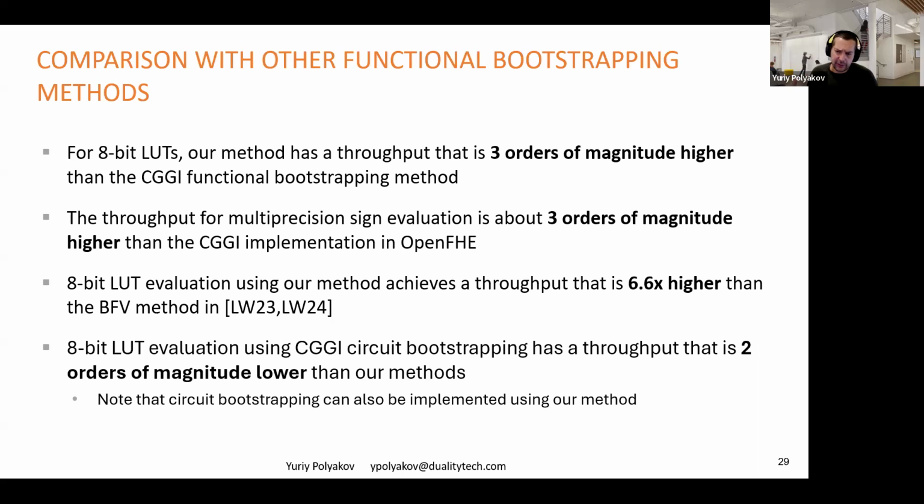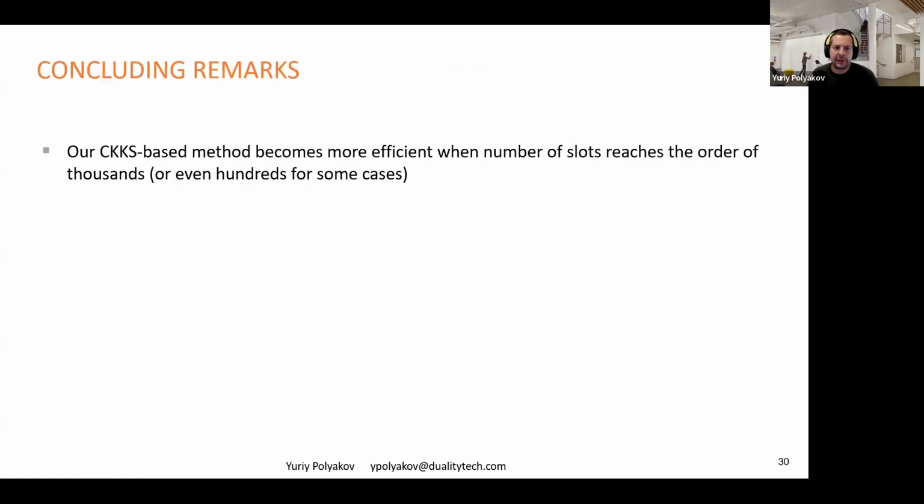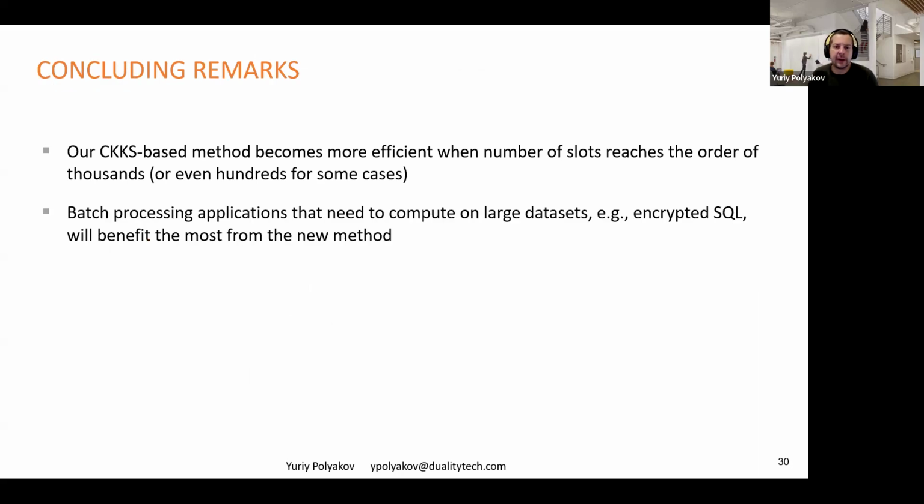Something to note, although we did not do this in the paper: from what we could see, all the tools that are used in circuit bootstrapping could be adopted for this approach. So, concluding remarks: our CKKS method is more efficient than TFHE when the number of slots reaches the order of thousands or even hundreds. So this is more for larger precision cases.